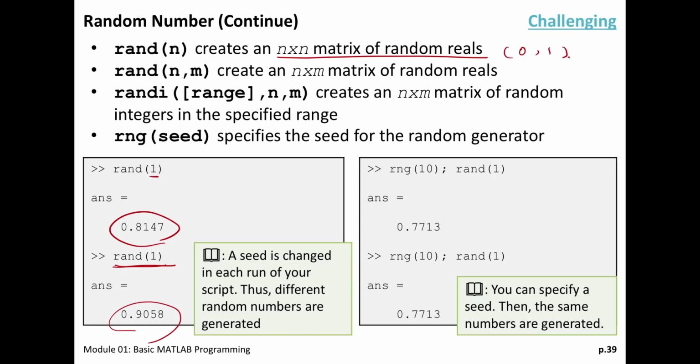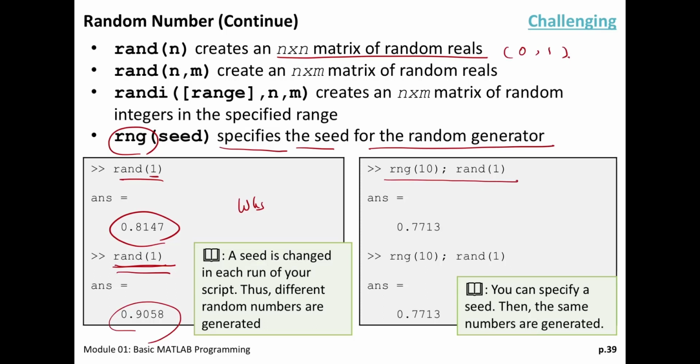Okay? Because this number and this number are different. Why? Because your execution times are different. They're reading the random number from a different table. So if you see here, rng is the specified seed for the random number generator.